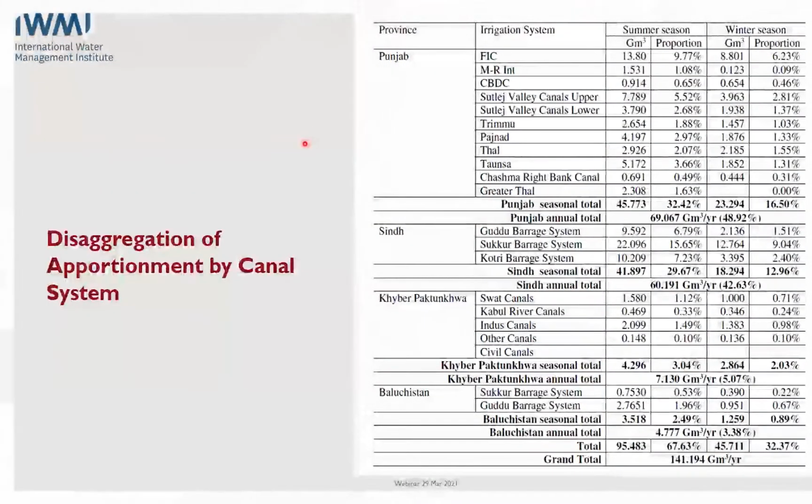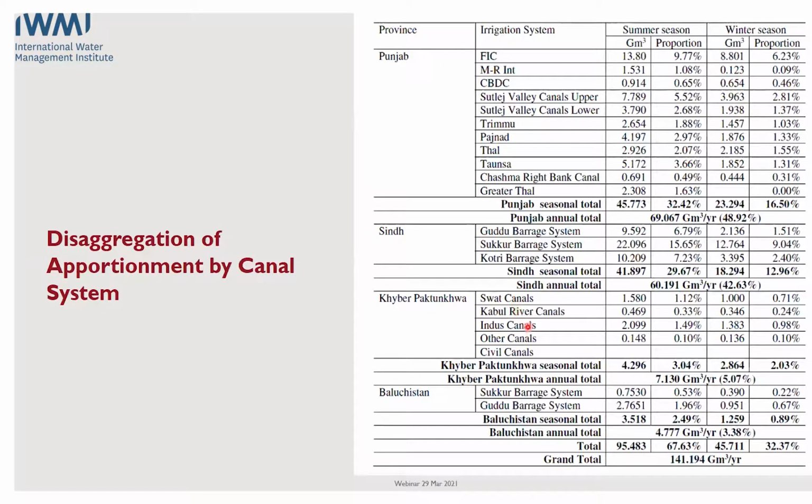This table shows you how the provincial share is disaggregated into different canal systems in the provinces. So in Punjab, there are several irrigation systems or canal systems. And then there are some systems in Khyber Pakhtunkhwa, which is our focus right now, which withdraw water from Swat canals.